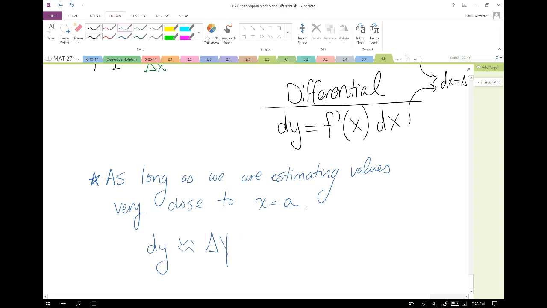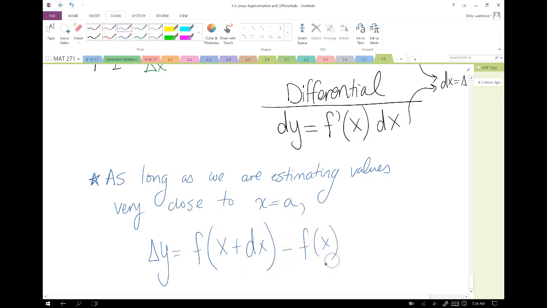They are not equal, but they are approximate. And we actually write this in reverse. We say that delta y, which is what you get when you find the function value at x plus dx, plus or minus, depending on whether you're moving forwards or backwards, minus your function value, is approximately your dy.